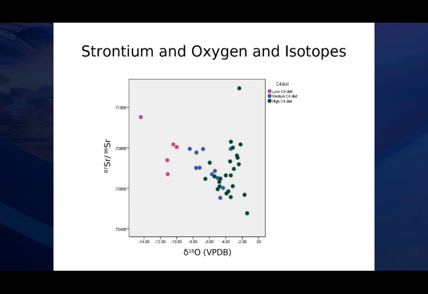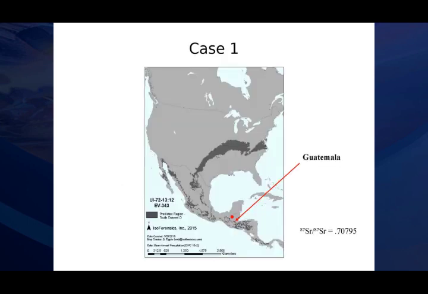At this point, it's just simply an observation of a pattern, but we need to do more research. And one of the expectations is that the individuals with the highest C4 diet are going to be likely the most indigenous populations, mostly indigenous Maya who eat more C4 products.